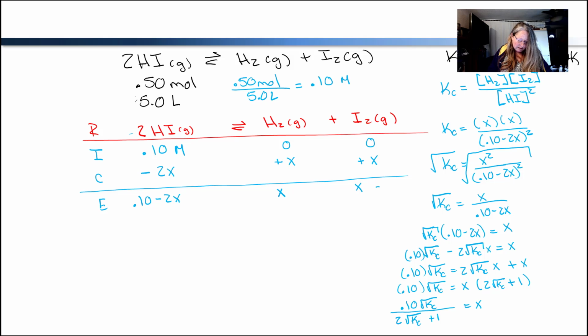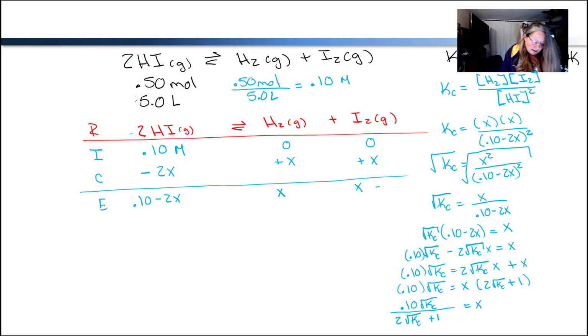That doesn't even make sense. 0.1 times the square root, here we go, of 0.016 divided by 2 times the square root of 0.106, plus 1. If I have all of my parentheses right, cool.